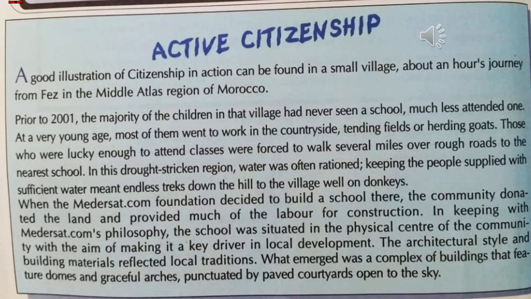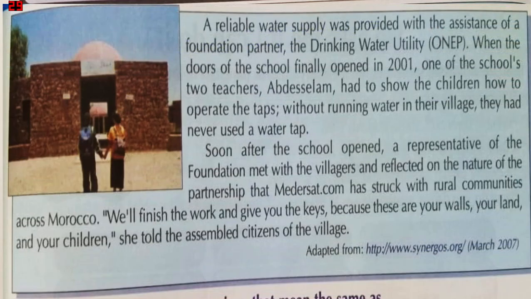The architectural style and building materials reflected local traditions. What emerged was a complex of buildings that feature domes and graceful arches, punctuated by paved courtyards open to the sky. A reliable water supply was provided with the assistance of a foundation partner, the Drinking Water Utility, ONEP.